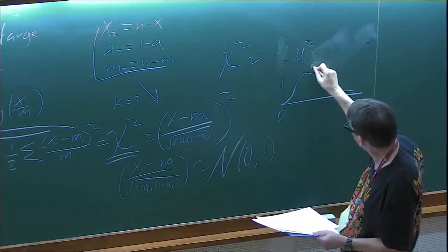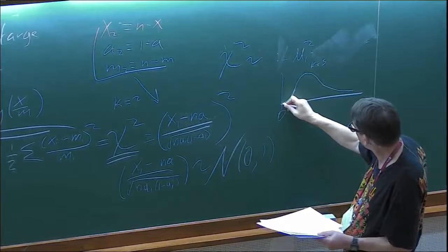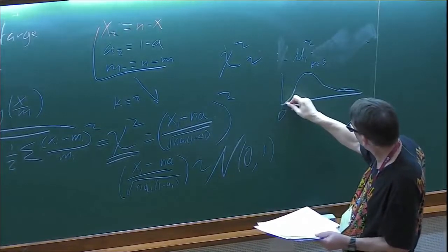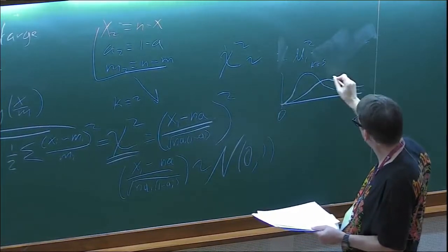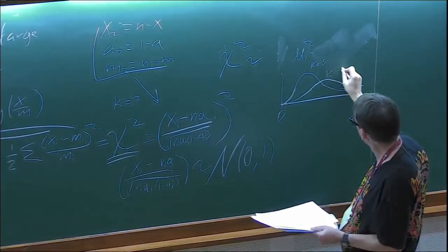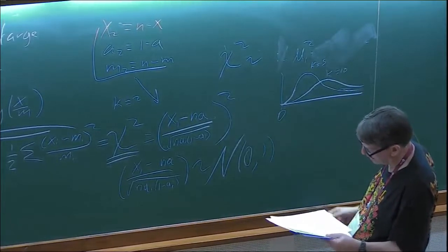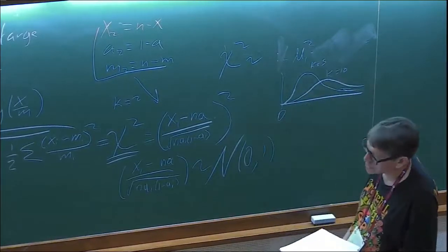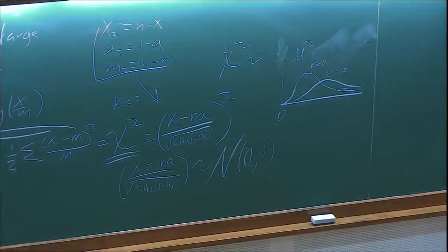This would be k equals 5. And as you increase the number of degrees of freedom, it gets more symmetric and it moves to the right. In fact, it's another application of the central limit theorem that for large values of k, it starts to look quite normal.